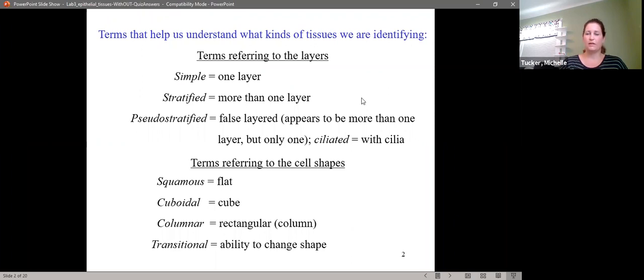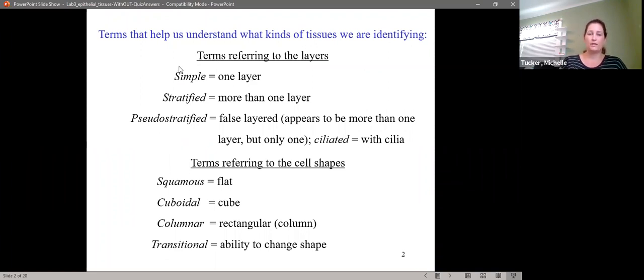And so those layers are arranged so that the cells are on a basement membrane. And they are named by whether or not those tissues are in one layer or more than one layer in general. We'll talk about pseudostratified by itself.